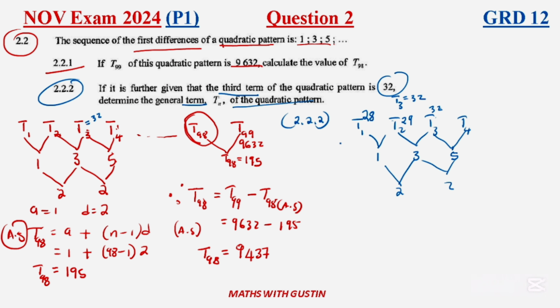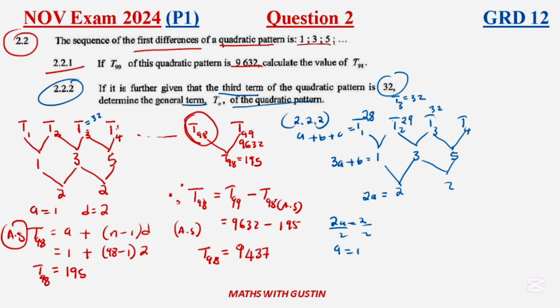So with that, now we can come here and say, remember, guys, you must know this by heart: the common difference is equal to 2a, the first term of the first difference is given by 3a plus b, and a plus b plus c is equal to the first term. So 2a is equal to 2, divided by 2, therefore a equals 1.